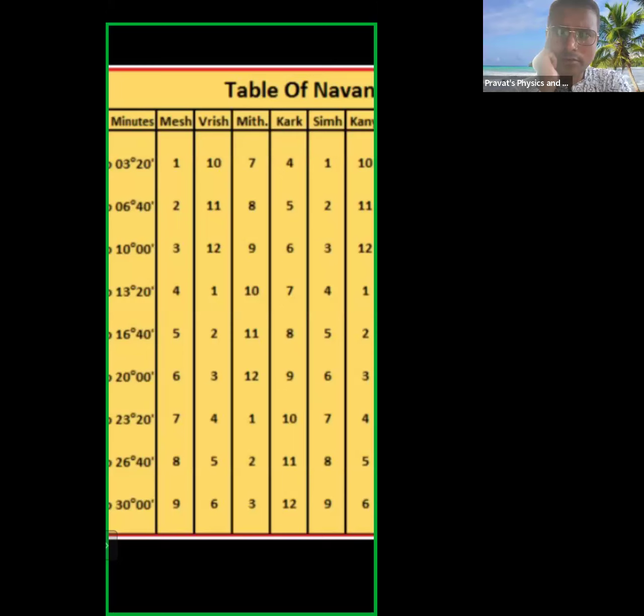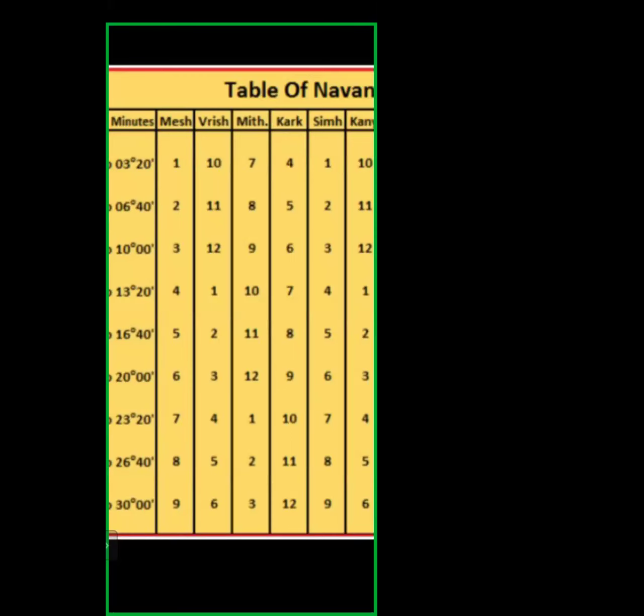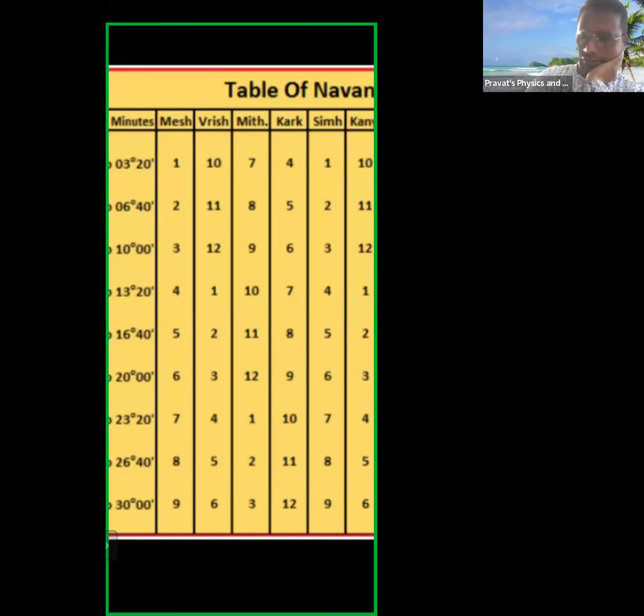So now there is a great logic between the dispositor and the planet which is exalted or debilitated inside the dispositor. So we can say that if Saturn is exalted, that means the person will love his work. No, this is the other way around. A person who loves the work, his Saturn will behave like exalted.